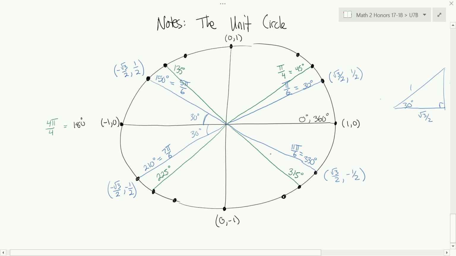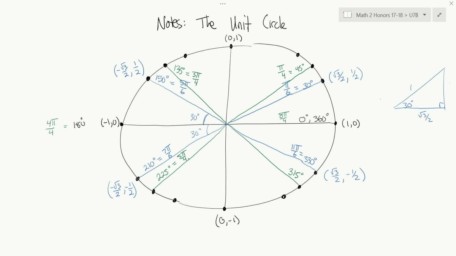And 360 is 8 pi over 4. Okay. And we can use that to help us find the rest. So what's 135 then? If we go back from 4 pi over 4, we're going back 1 pi over 4. 3 pi over 4. And 225 would be 4 pi over 4 plus a pi over 4, which is 5 pi over 4. And how about 315?